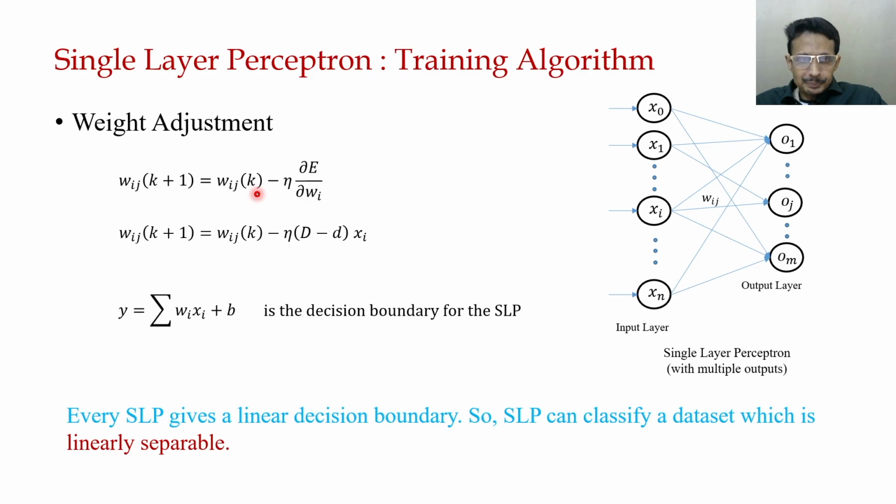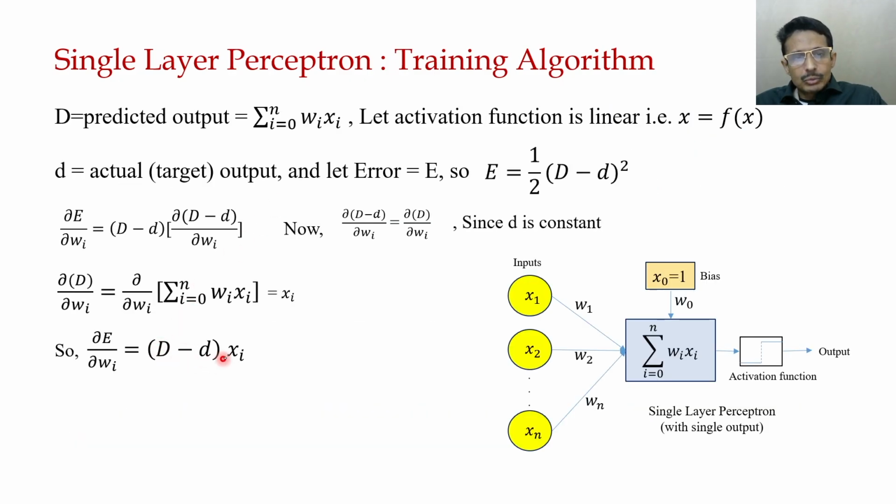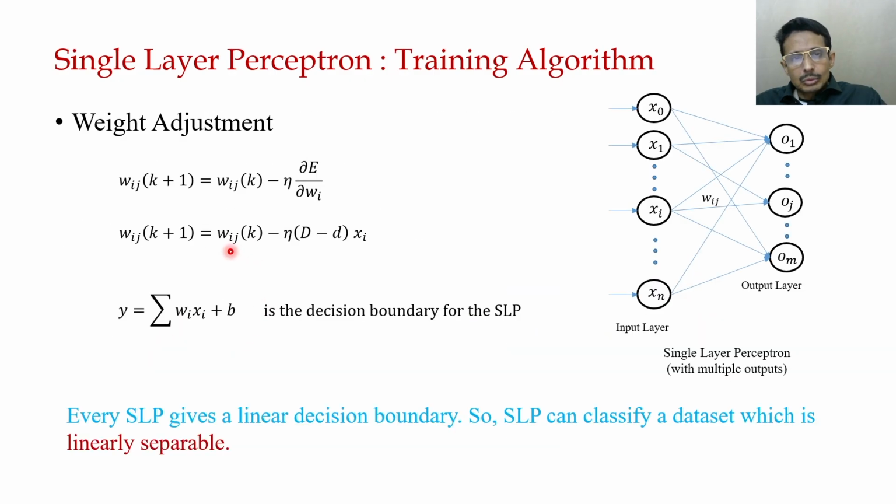So wij of the kth iteration minus eta, the learning rate, times del E by del wij, will be the weight of the next iteration. We put this value in here. So this is the weight update algorithm.